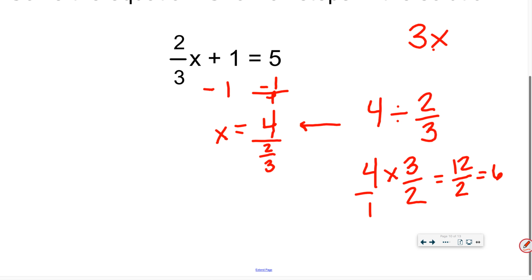So then here I can actually just change this out. x is 6. We're going to work more on dividing fractions because you'll realize as you go through that it's not as hard as you may be making it. You already have the skills to do it. We just want to show you how to do that at your own speed, at your own pace.